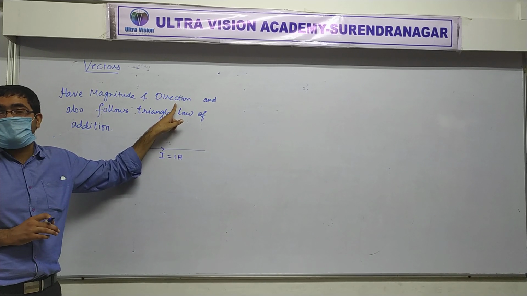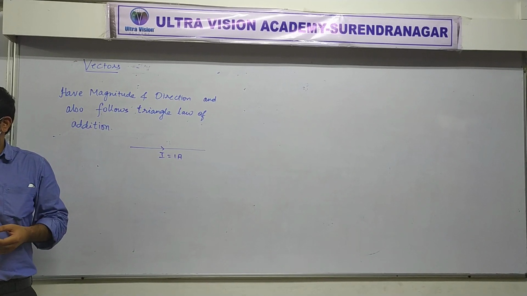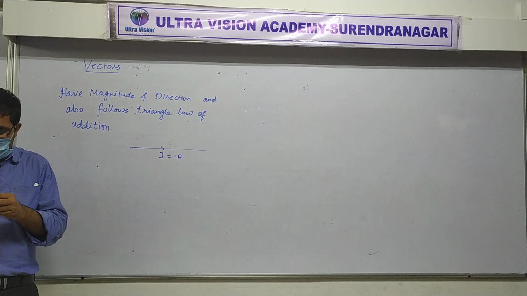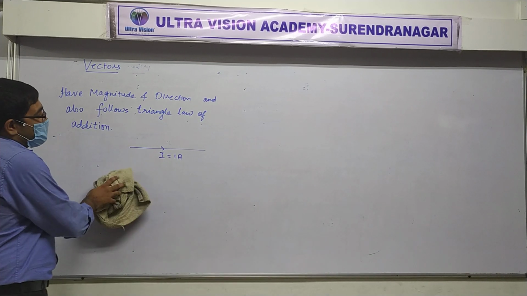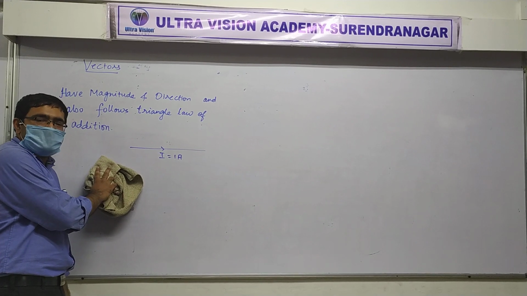But is current a vector? No, because it does not follow the triangle law of addition. What is this triangle law of addition? We'll get to it eventually, step by step. So current is an example of something that has a magnitude and a direction, but is still not a vector.